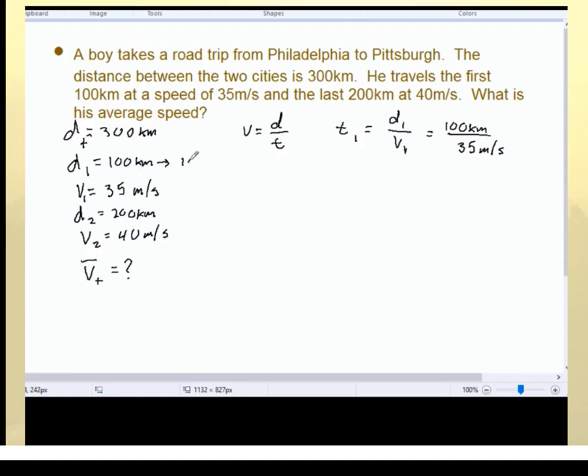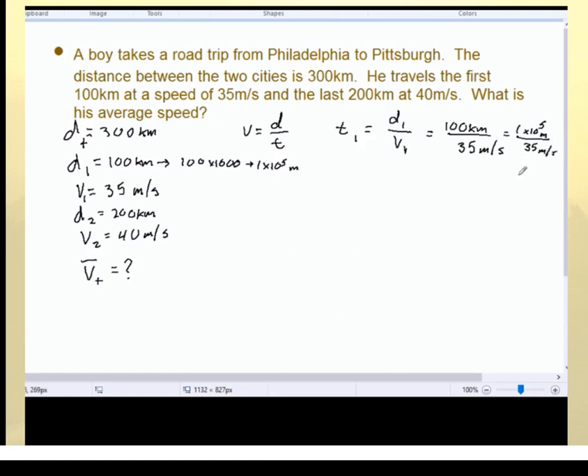So I could say 100 times 1,000, or 1 times 10 to the 5th meters. So over here I can say 1 times 10 to the 5th meters divided by 35 meters per second.